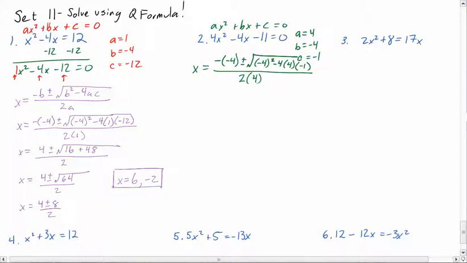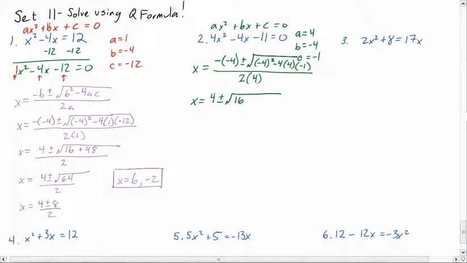So I've replaced each of those numbers. Again, each time I put a number in for a variable, I put it in parentheses to make sure that I follow the correct PEMDAS steps. Negative 4 is 4, plus or minus the square root of negative 4 squared again is 16.